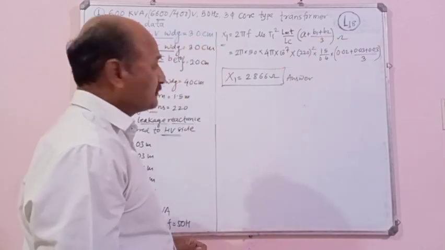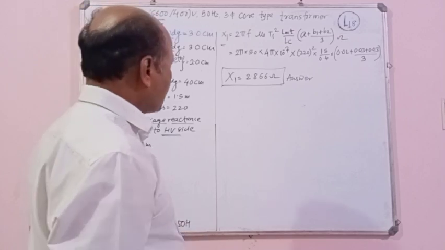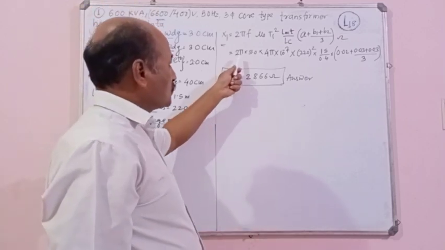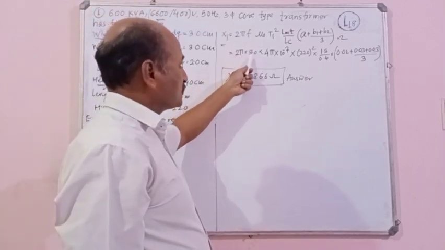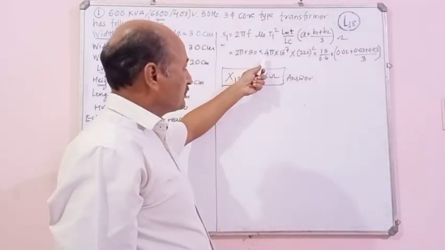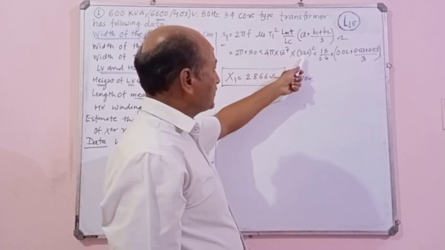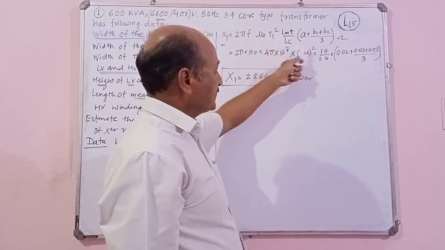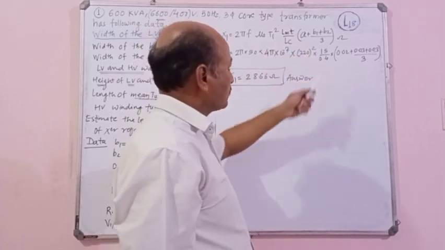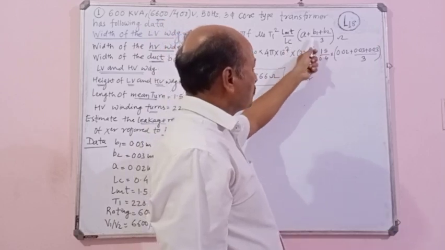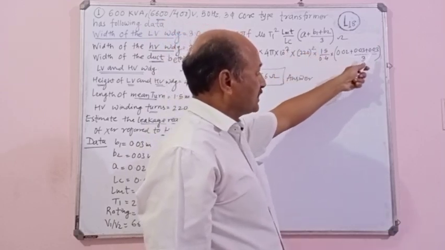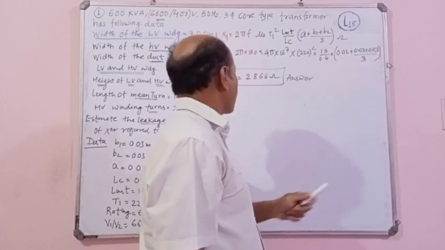So put the values of all the given as well as the constant values. 2 pi is the constant, f equals 50, mu 0 equals 4 pi into 10 to the power minus 7, T1 square means 220 square, LMT by LC means 1.5 by 0.4, a equals 0.02, b1 plus b2, 0.03 plus 0.03, divided by 3.